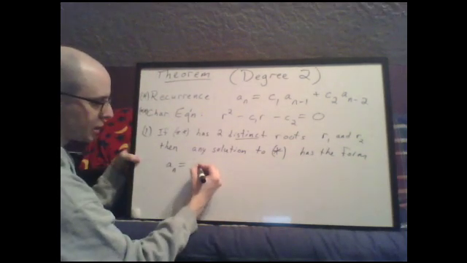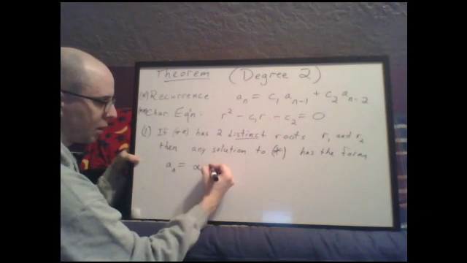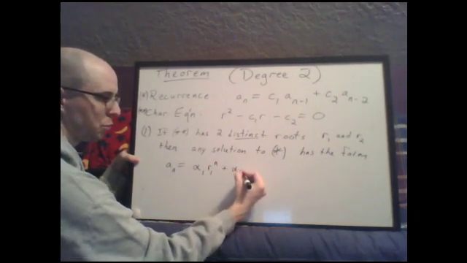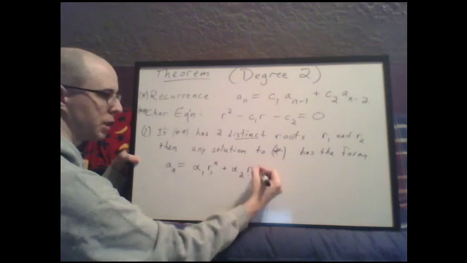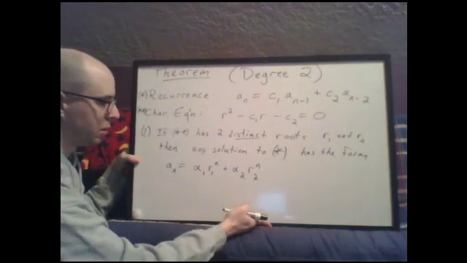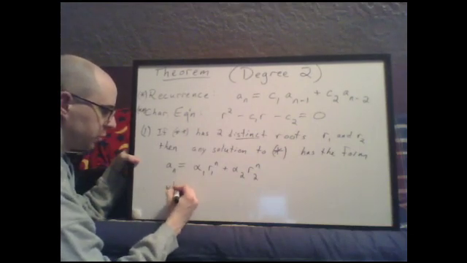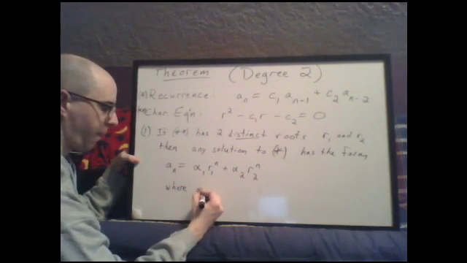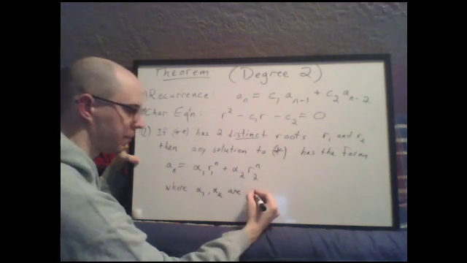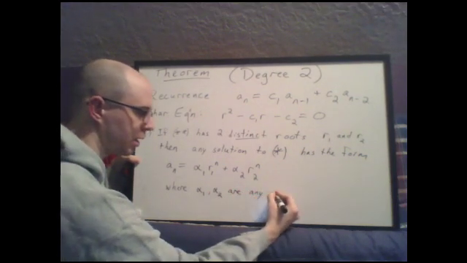So it'll look like this: alpha 1 r1 to the n plus alpha 2 r2 to the n, where alpha 1 and alpha 2 are any constants.